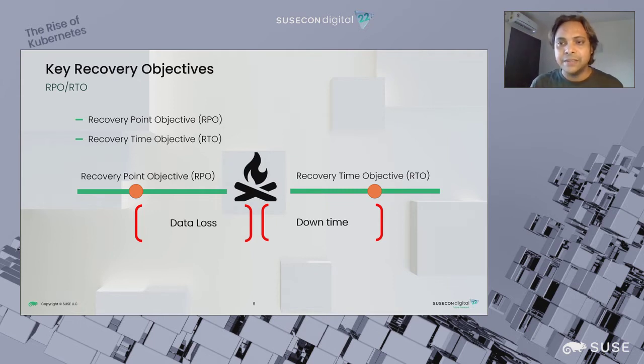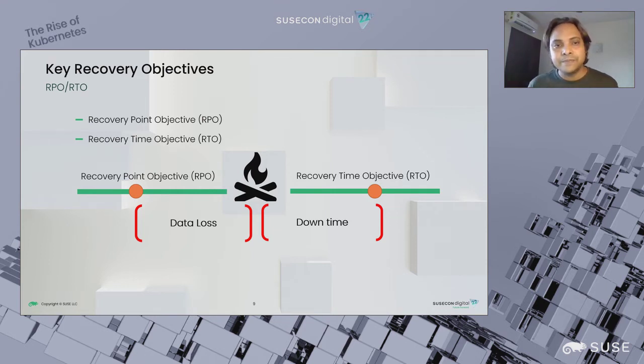Let me explain with one simple example. In an event of a disaster, I may lose data for 15 minutes, and that's okay because I know that data can either be rebuilt or is not necessary for me to start my business.